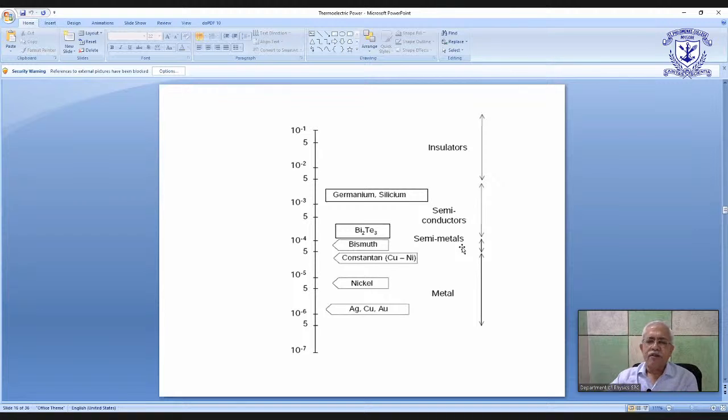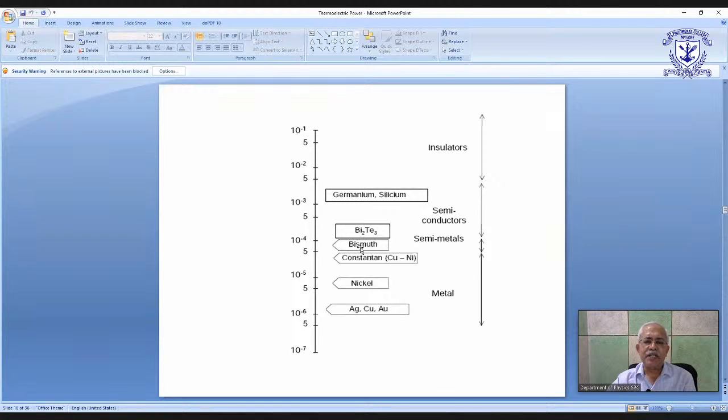On the vertical axis is shown the value of the Seebeck coefficient, and you see that for practical materials which are useful for making thermocouples, you have semiconductors which have Seebeck coefficients of the order of 10 to the power of -3. 10 to the power of -3 is a millivolt, so it's like a few millivolts per degree Kelvin.